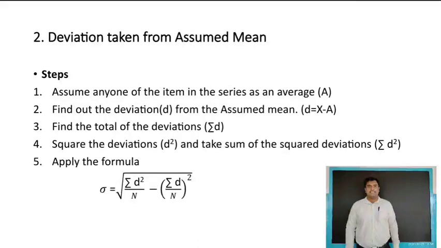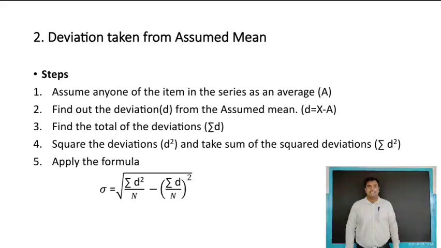In the second method, that is deviations taken from assumed mean, here we don't calculate the actual mean; instead we take an assumed mean, that is, one of the observations is assumed to be the mean. In the second step, we calculate d using the formula d is equal to x minus a.